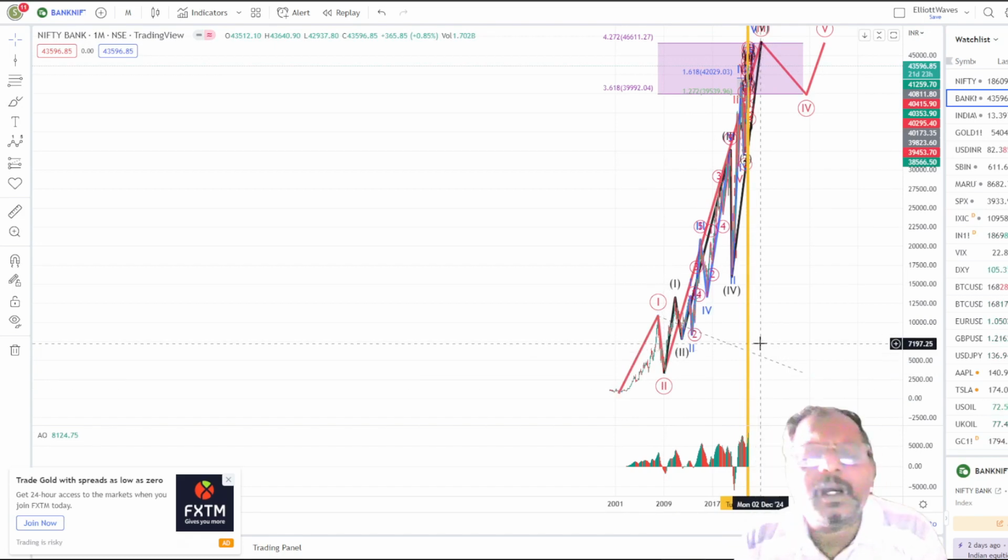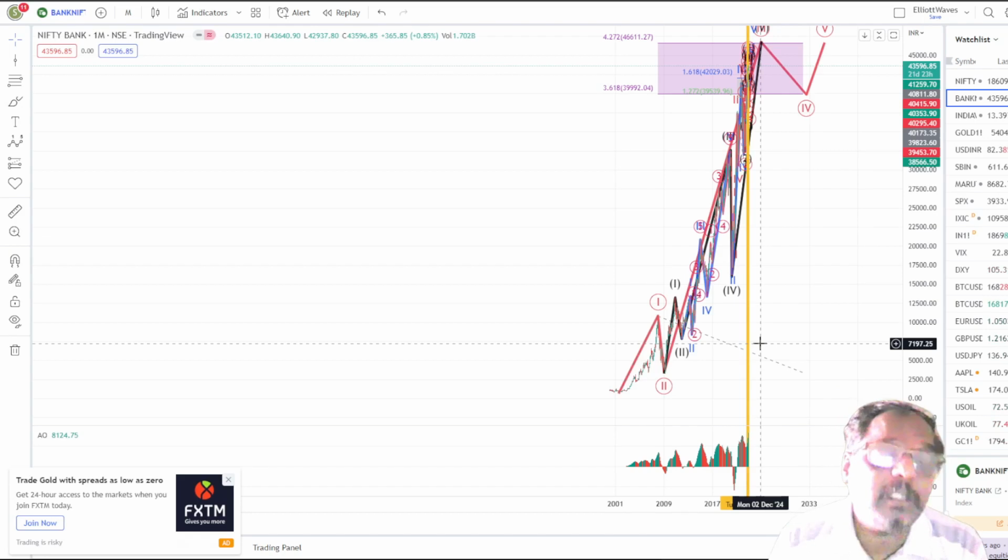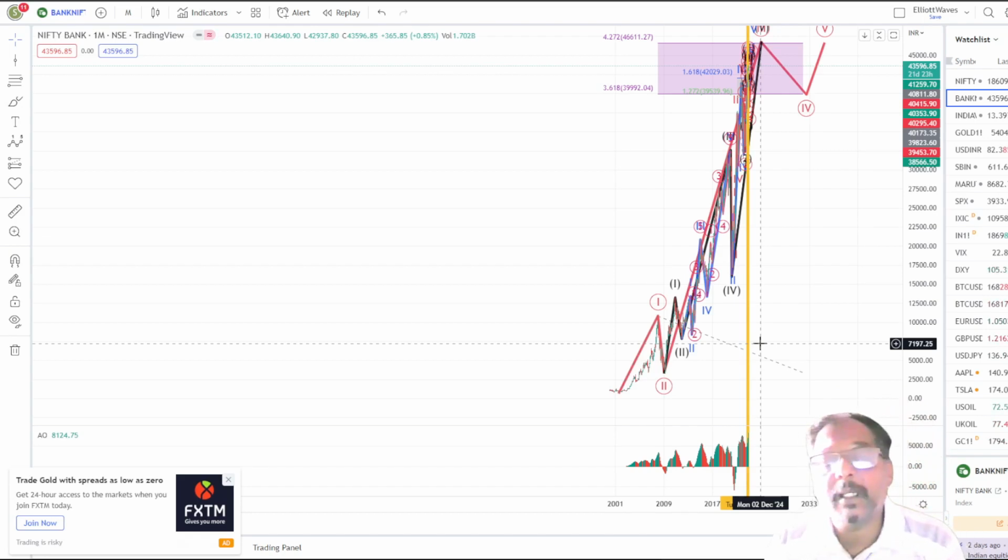So we are talking about 15 years of third, and that might mean at least, if not more, a 10 to 15 years of fourth. Nifty makes us believe that it will give a quick up move. Bank Nifty makes us believe that we are probably entering into a lost decade.